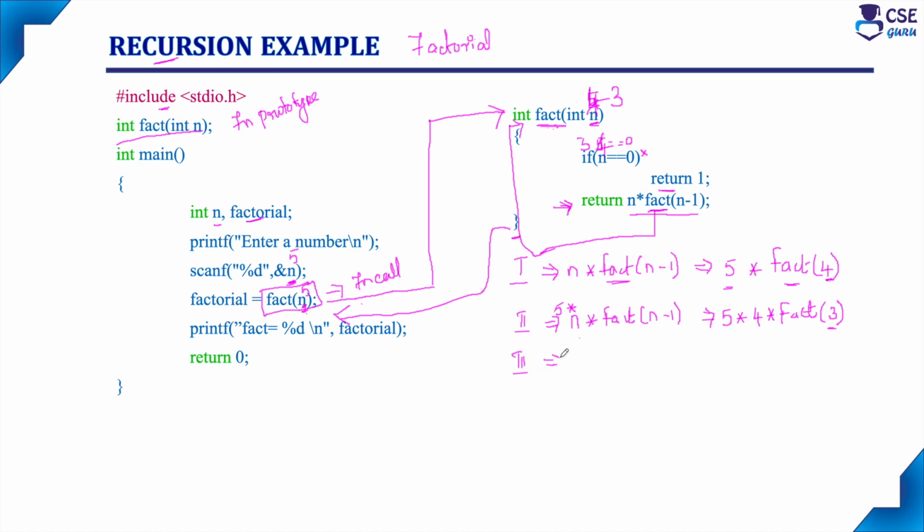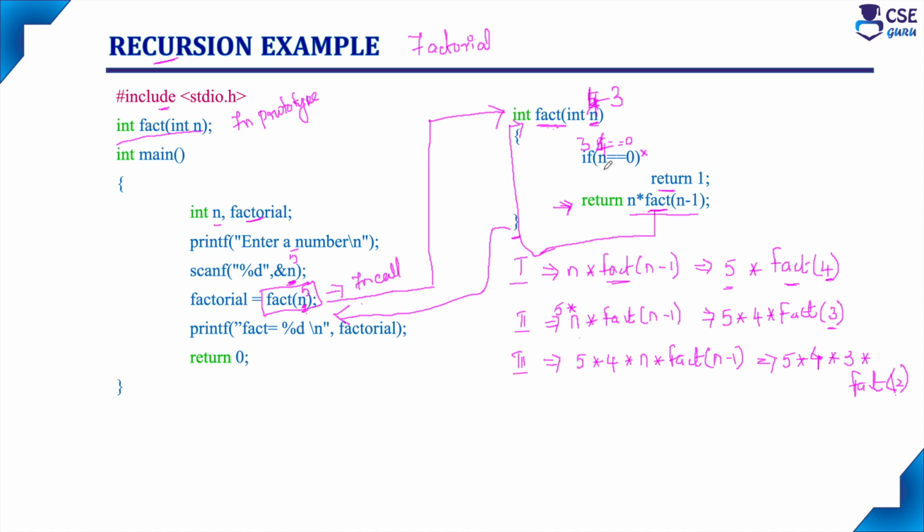Here 5 into 4 is already there, so 5 into 4 into 3 into fact of n minus 1, that is 3 minus 1, which is 2.